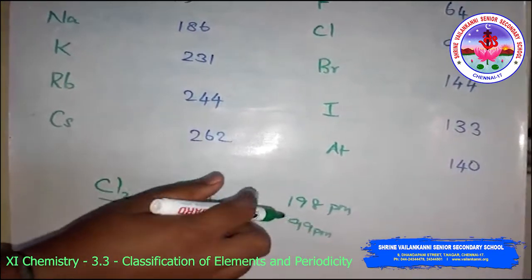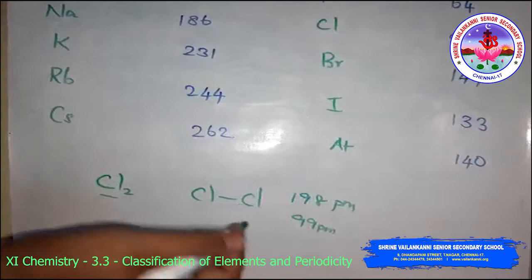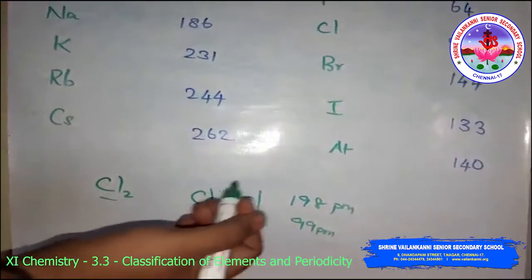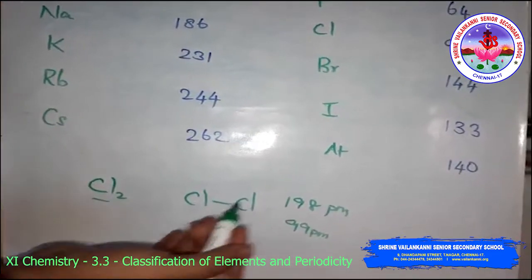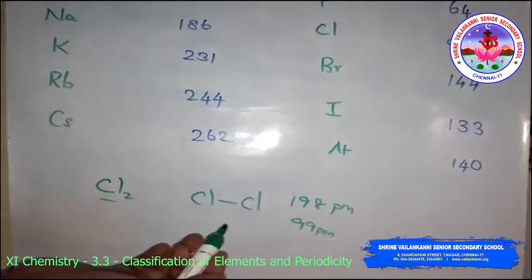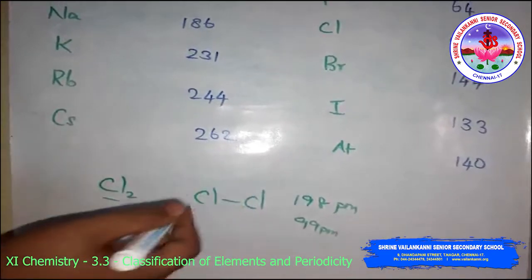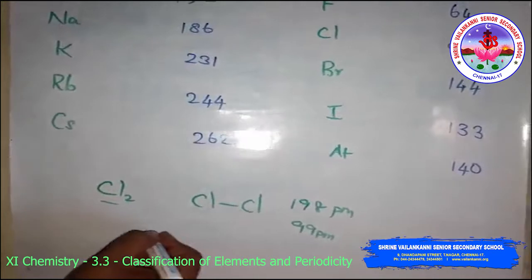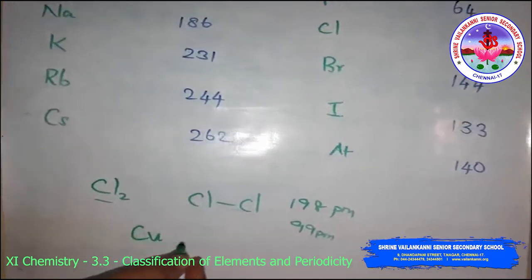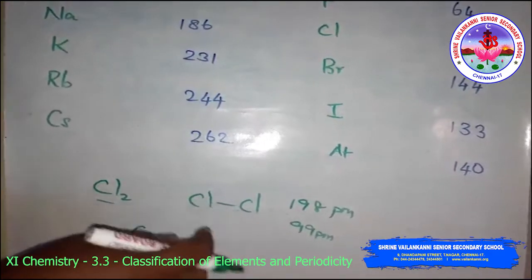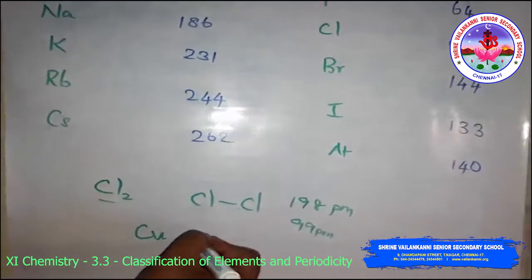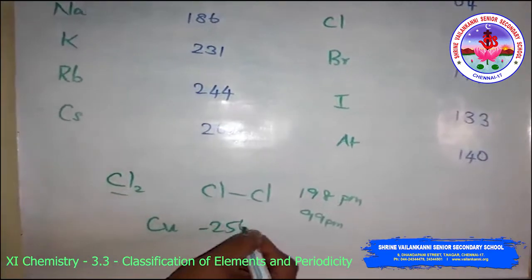In metals we define the term metallic radius, which is taken as half the internuclear distance separating the metal cores in the metallic crystal. Example, the distance between two adjacent copper atoms in solid copper is 256 picometer.